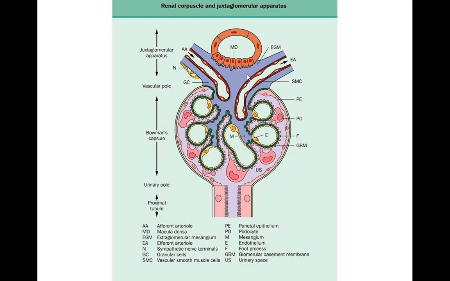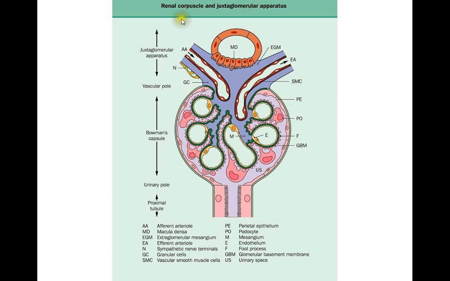When you cut a glomerulus, you can see it in cross-section. This is the cross-sectional schematic representation of the glomerulus.